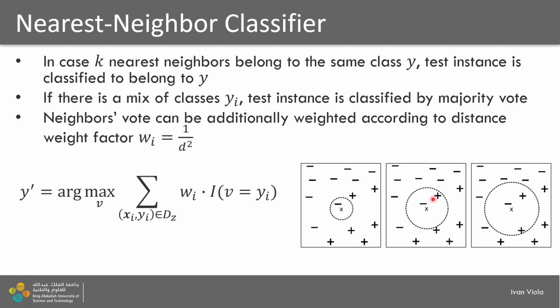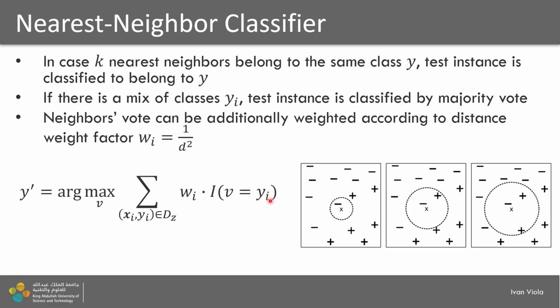So we can employ some kind of distance weighting factor, which will influence the majority vote. For that, we have an equation here where we can see the nearest neighbor classifier is defined by the majority, so argmax over V, where V are the various classes, and the one class V which occurs most.